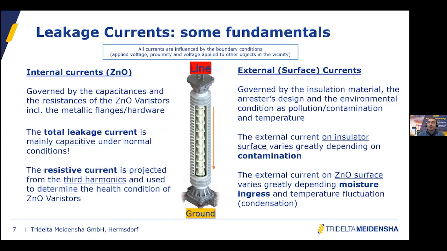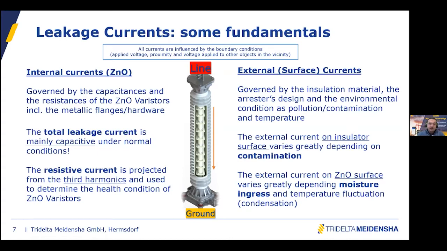In the case of the smartCOUNT, it's even better. We go even further, because the leakage current can power the device itself. So we have two groups of currents. Of course, all currents are influenced by the boundary conditions, the applied voltage on the system, and the proximity and voltage applied to other objects in the vicinity.